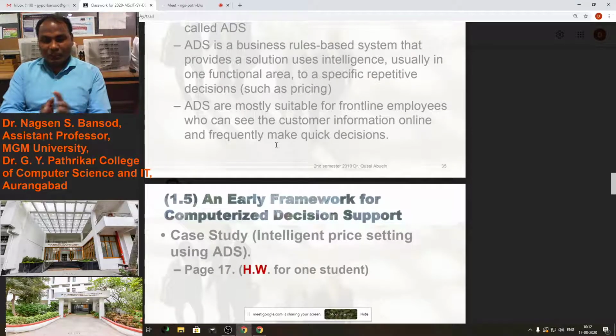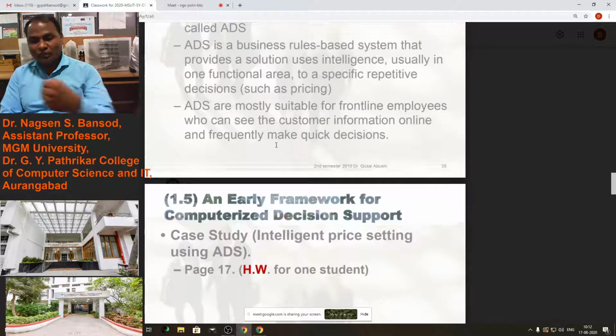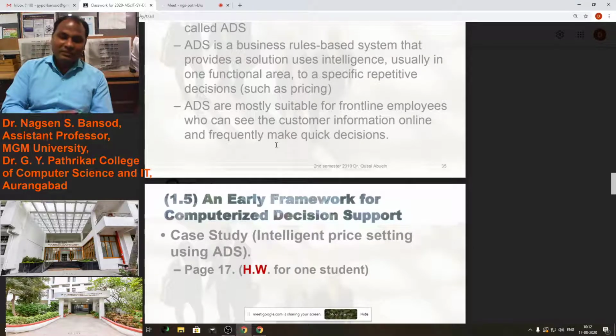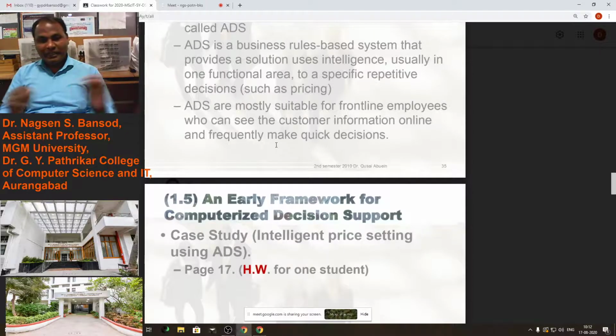Suppose that employee asks the customer, what is your expectation, which type of car do you want. Then the customer will tell him, I want to buy a car between 1 lakh and 5 lakhs. He will say the price to the employee.